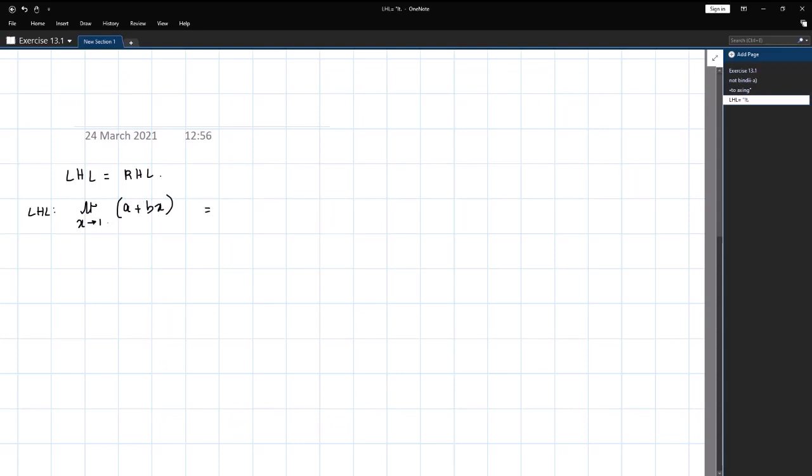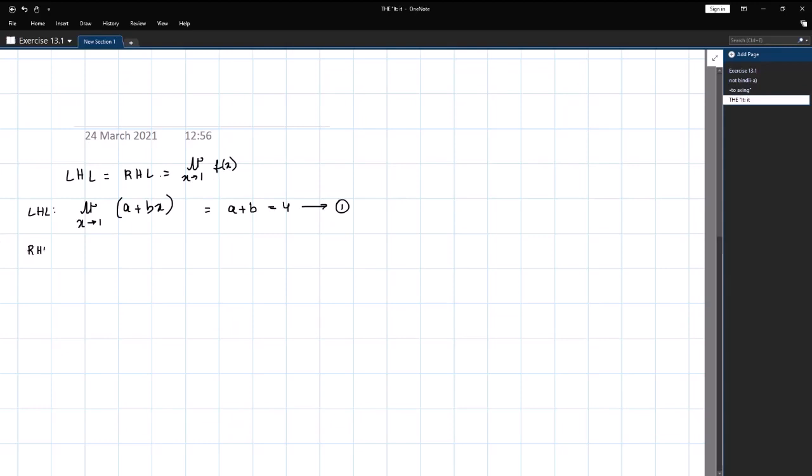So by direct substitution, what we'll get is a plus b. So we also know that whatever limit we get will be equal to limit x tends to 1 of f of x. So that value is nothing but 4. This is equation number 1.